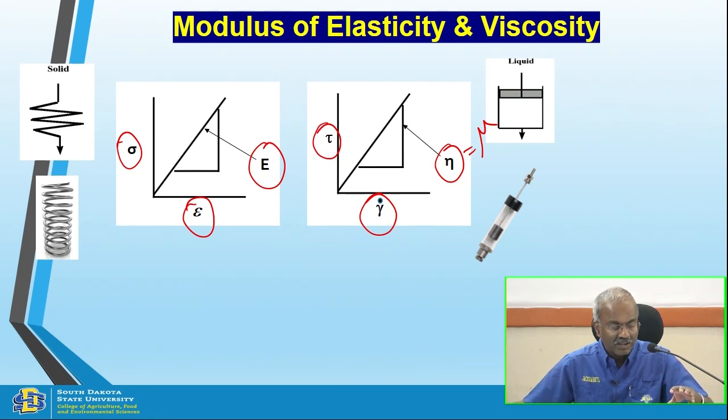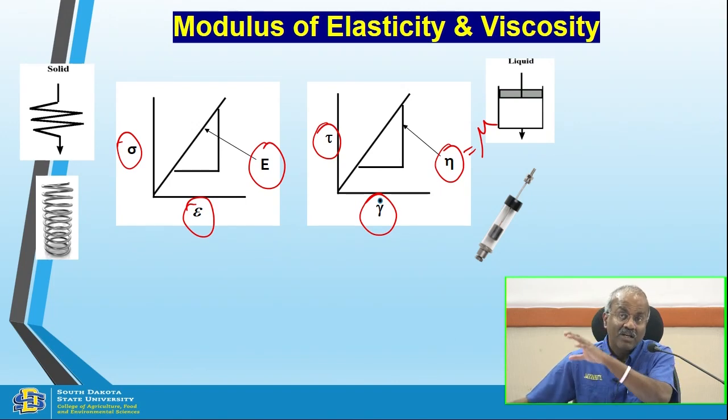One more thing: in the elastic component, the energy you put in, you can recover back. Everything will come back. In the viscous component, the energy you put in, nothing comes back. But in actual food material, some energy comes back and some energy is lost. Right? That's what we discussed yesterday also, where we had the loading and unloading section.